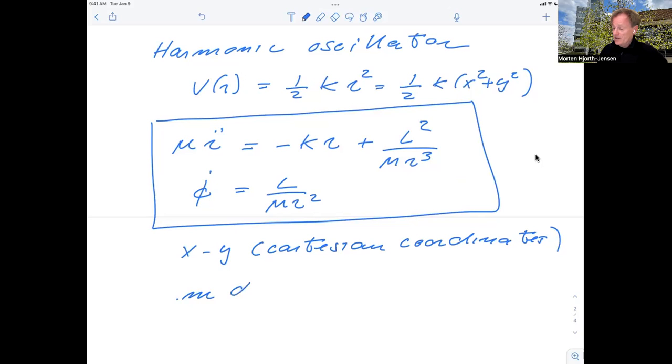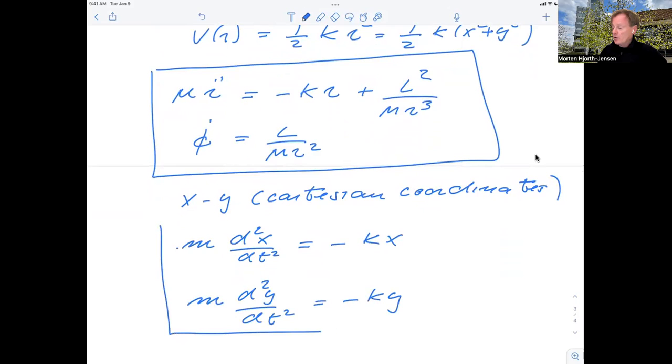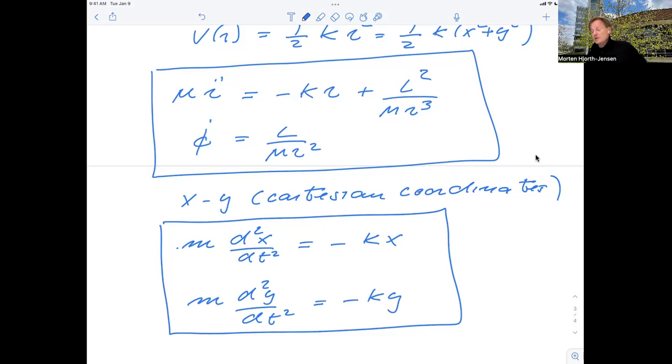What we will have then is m d squared x over dt squared. And this would simplify because now we don't have this artificial potential which we add, which is given in terms of the angular momentum. We would have a corresponding equation for the y degree of freedom, which is given by minus k times y. And this m is the same as the reduced effective mass which we have.